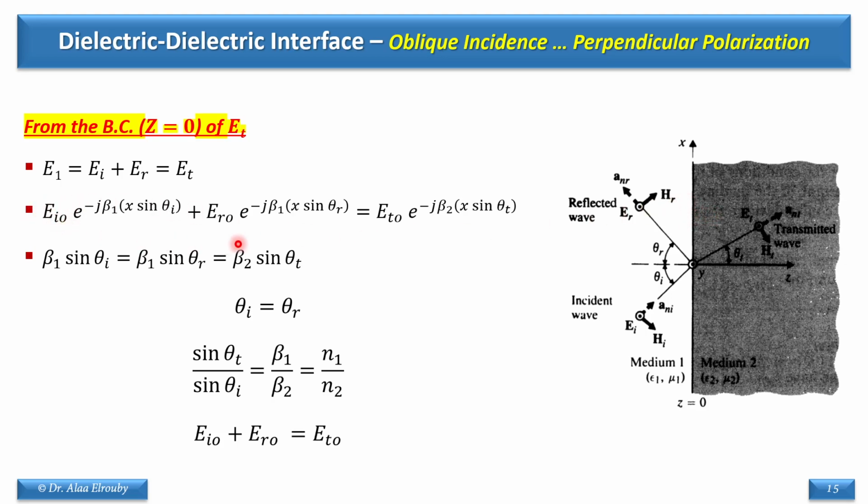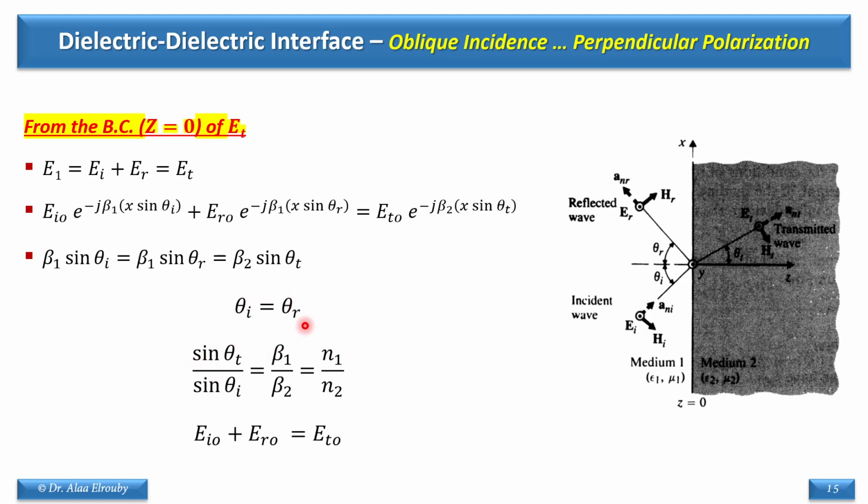So the total electric field in media number 1 equals the total electric field in media number 2. In order for this equation to be valid, the phase term must be the same. So theta I must equal theta R, which is Snell's law of reflection. And beta 1 sine theta 1 must equal beta 2 sine theta 2, which is Snell's law of refraction.